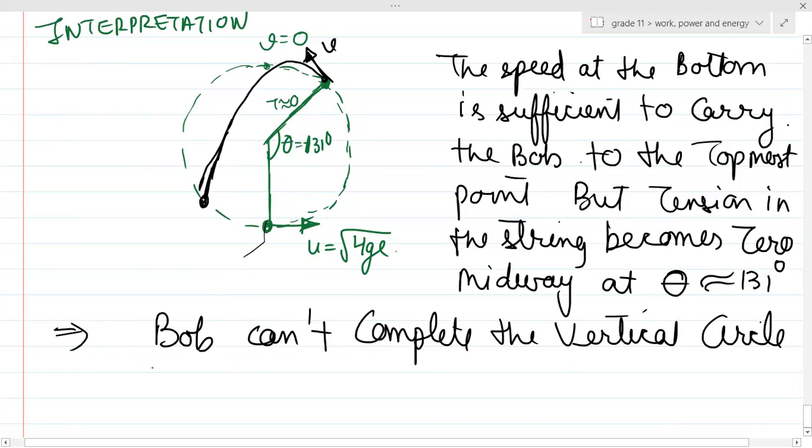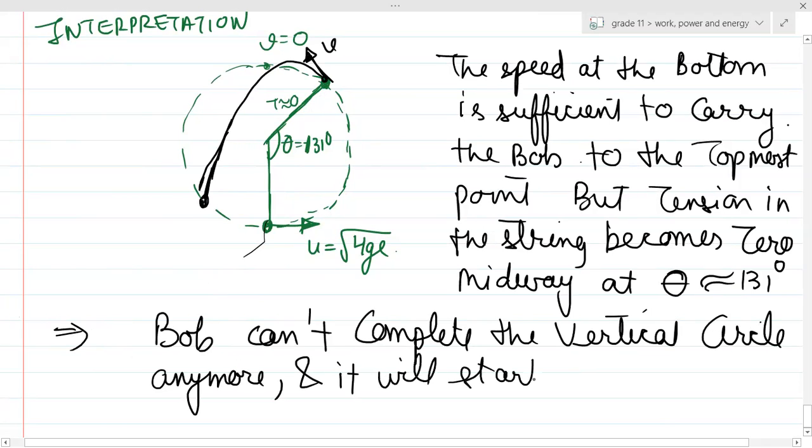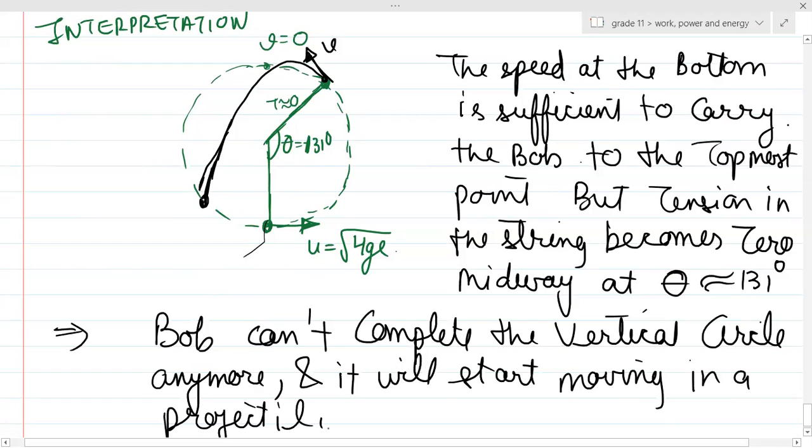The bob can't complete the vertical circle anymore, and it will start moving in projectile motion with a velocity.